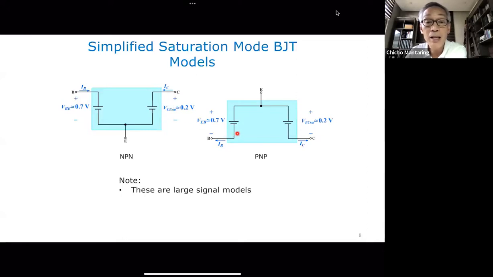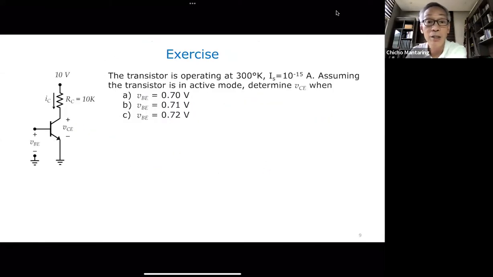For a PNP, your emitter base, take note, baliktad yung subscripts, will be 0.7, and your emitter collector will be 0.2. These are large signal models. So usually you use these models in making DC calculations.